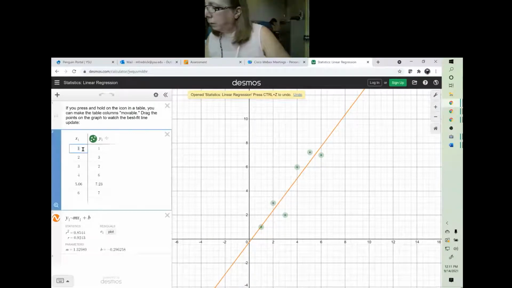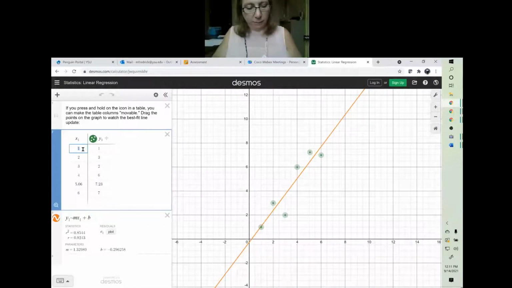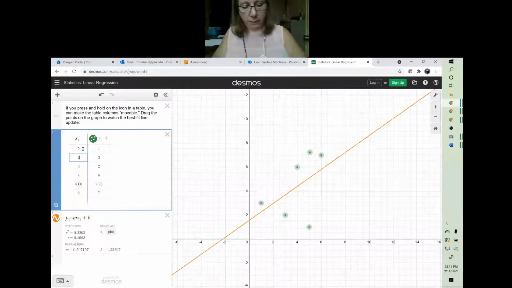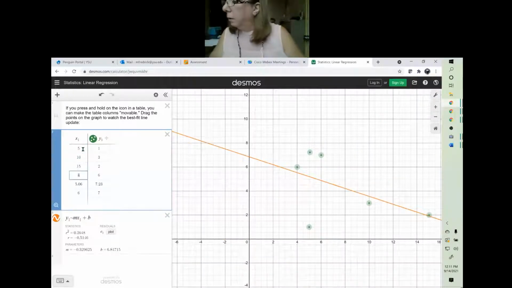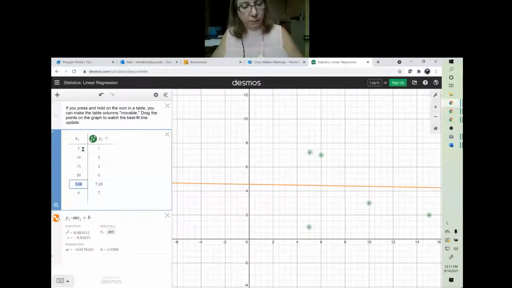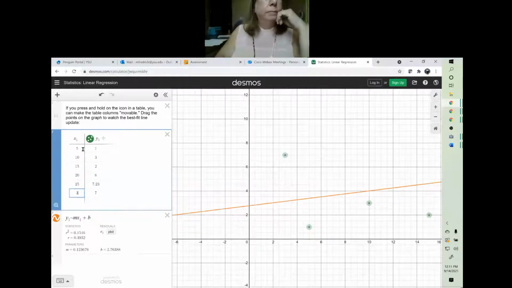And then you just want to type in your X values. 5, 10, so it just goes by fives. 5, 10, 15, 20, 25, and 30.